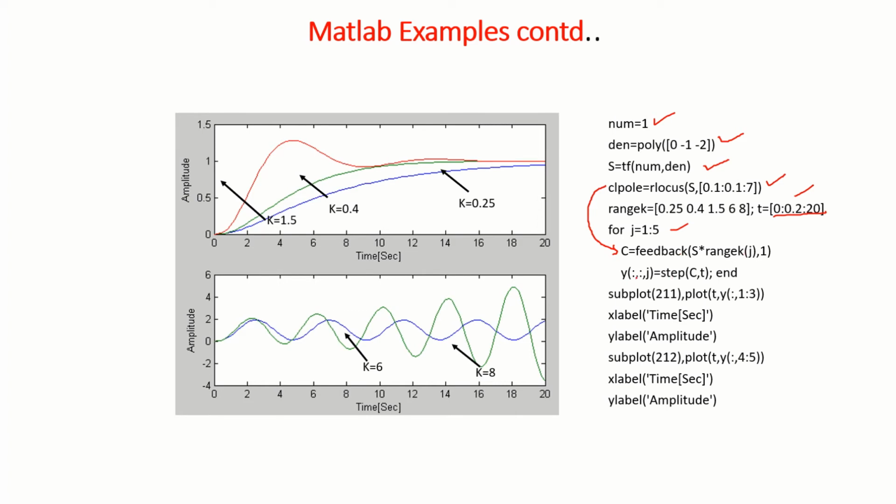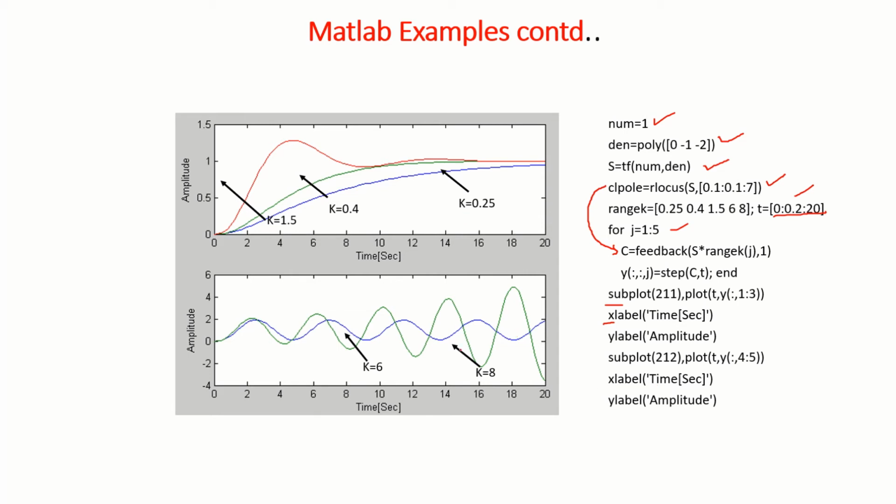Then I write real and imaginary part of it, steps t, n, and I am asking it to subplot and label time and amplitude. Another plot for that also I have written.